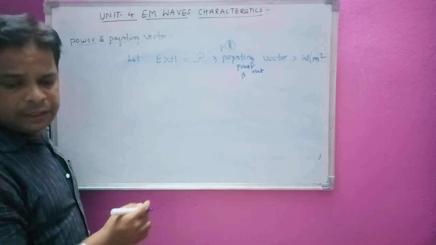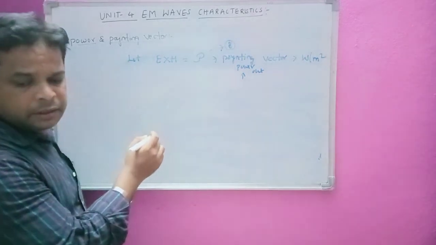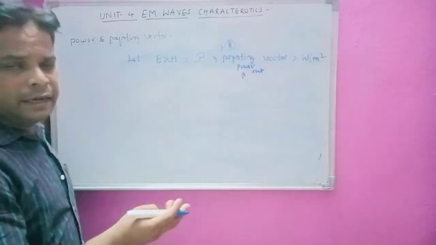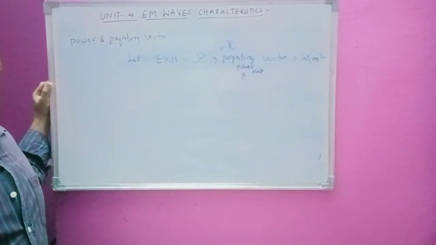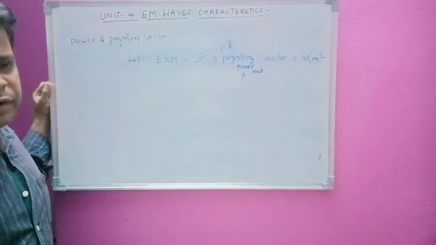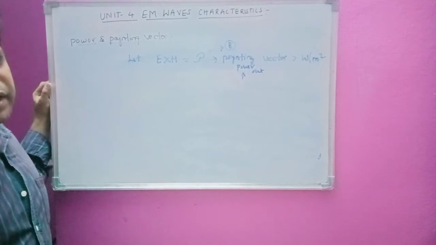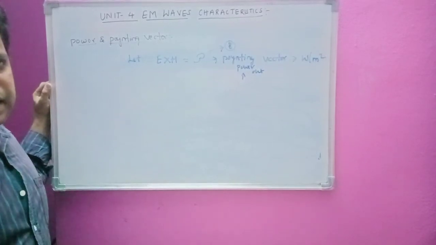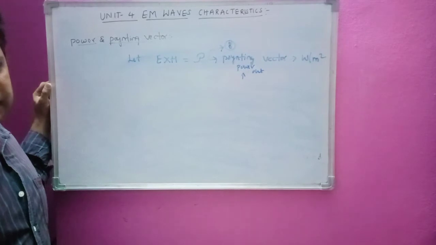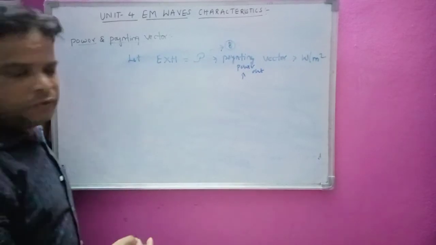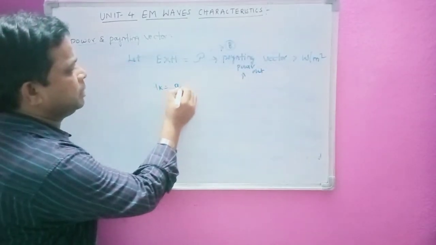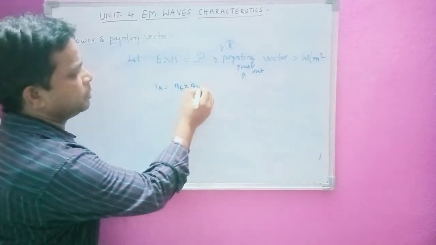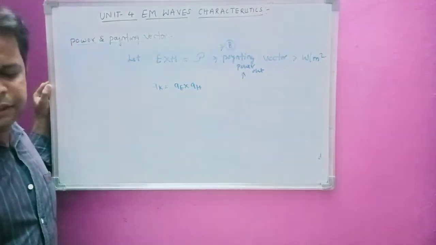We have calculated that field as E and H. So if you have E field in the y direction and H field in the x direction, the wave is propagating in the positive z direction. For that we have considered aK is equal to aE cross aH. Hope you remember. So we have taken this direction.